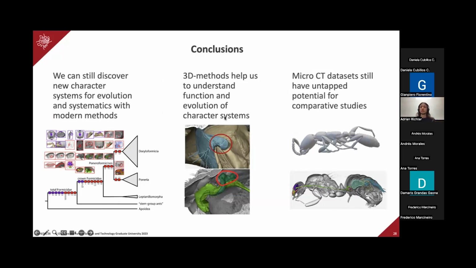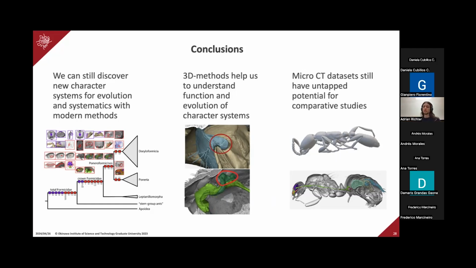Then the 3D methods also help us to better understand the evolution and function of very specific character systems, such as the digestive tract, where I don't know a lot yet about what the function of the variation actually is, but also of the locking system here as another example, where I now have a pretty good idea of what the functional impacts may be.